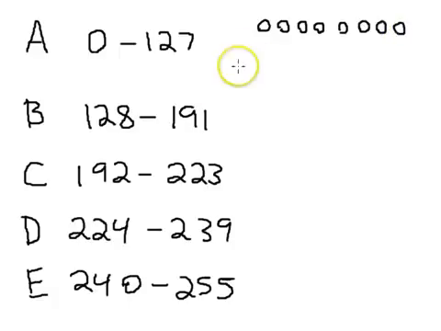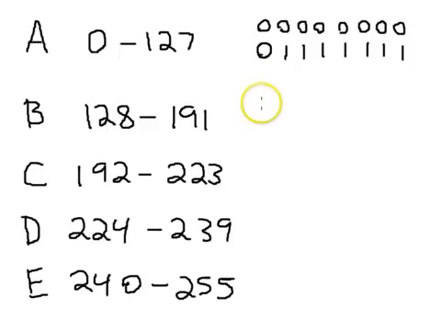Kind of a big surprise. 0 is 8 zeros. And 127 also starts with a 0, but everything after that is a 1: 1, 1, 1, 1, 1, 1, 1. So you can see it's easy to identify class A addresses because they all start with a 0 for the first bit of the first octet, or the first bit of the whole 32 bits.